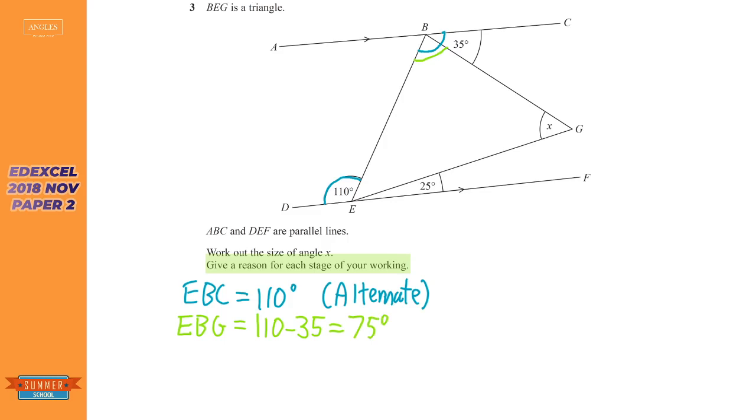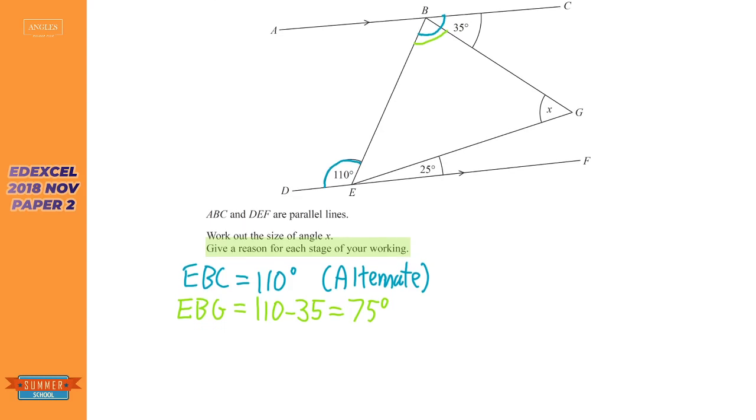And we don't need to give a reason for that because we're just taking away the angles. There's no kind of rules we're using for that one. You could write down that EBG equals EBC take away GBC if you wanted to, but I don't think there would be any credit for that.